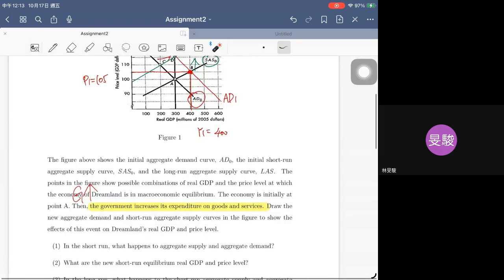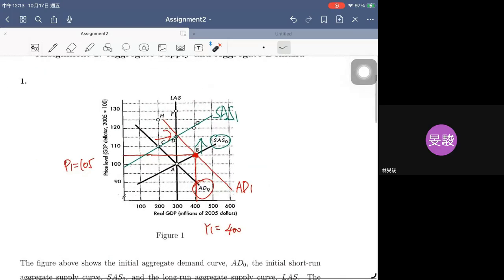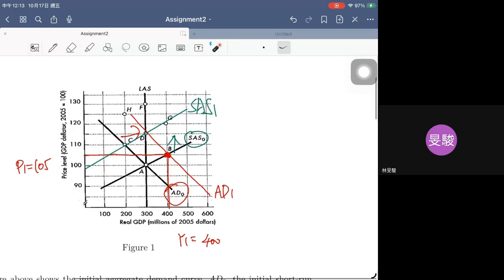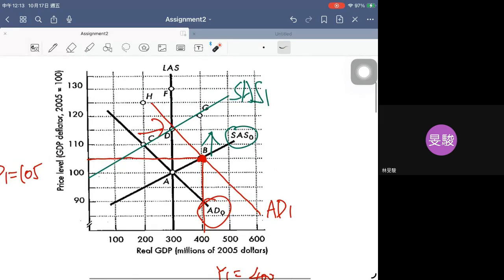It just lets us find the intersection for the long run real GDP and price level.